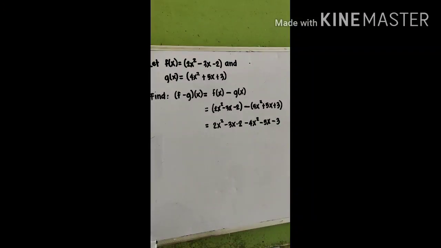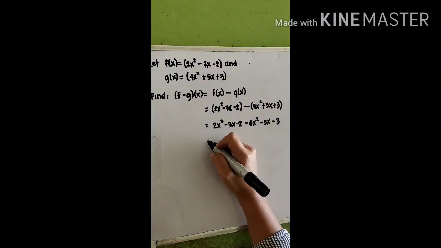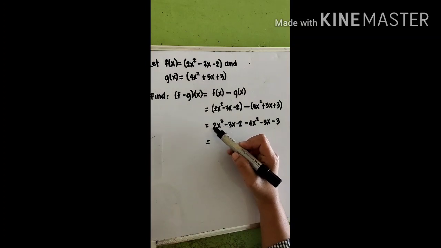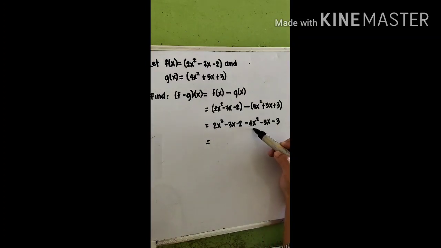We have now to arrange this equation in terms of their degree, from the highest degree to the lowest. So here, the highest degree is 2 because we have exponent 2 here. So we have the terms 2x squared and negative 4x squared.